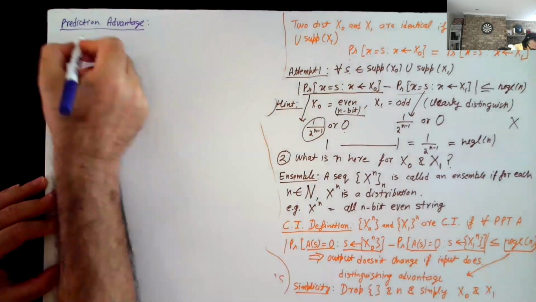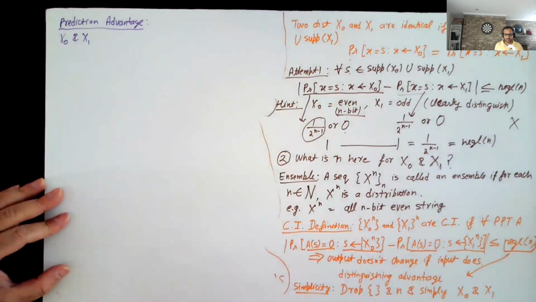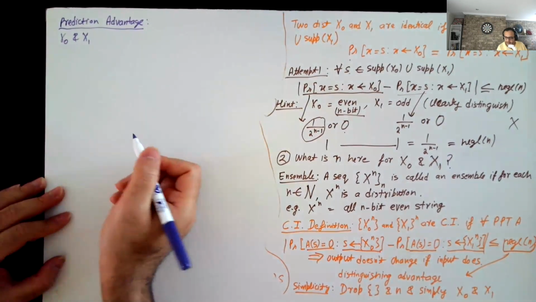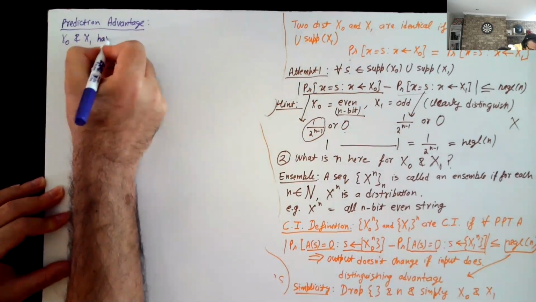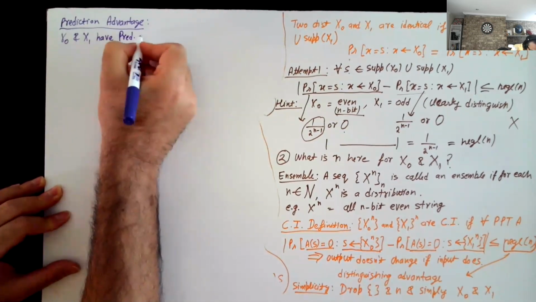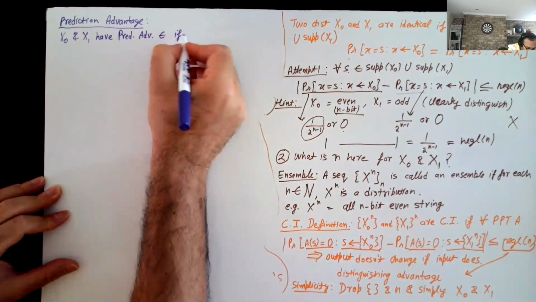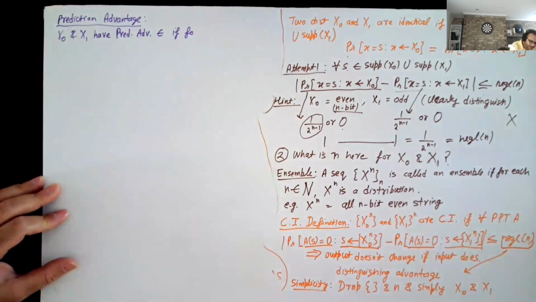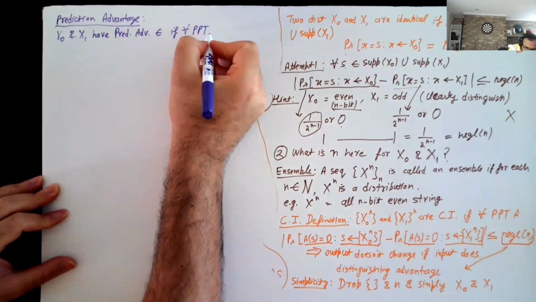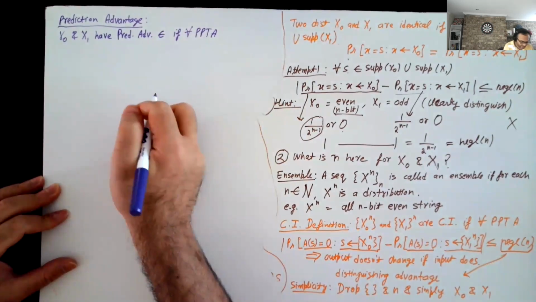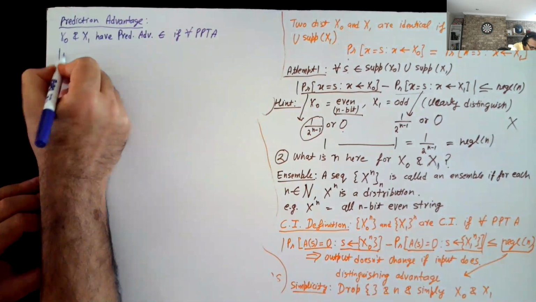So we say that distribution ensembles x0 and x1, and again I'm dropping the curly brackets and the n, have prediction advantage epsilon if for every PPT adversary A, we are looking at the following probability.